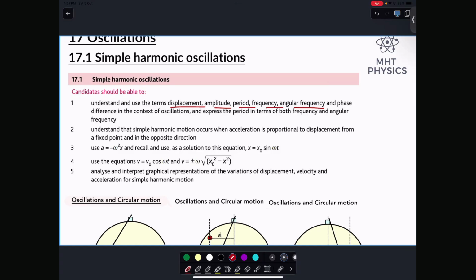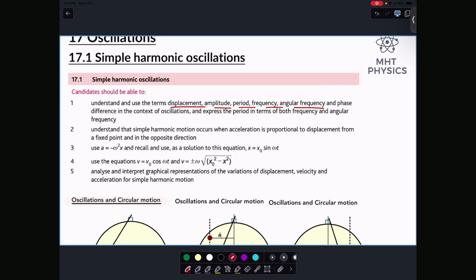Do you remember phase difference from AS? It is the angle variation in the motion of an object, in terms of angle, phase. If something is completely in phase, what was the phase difference? 2 pi, 4 pi, 6 pi, all even numbers of pi.